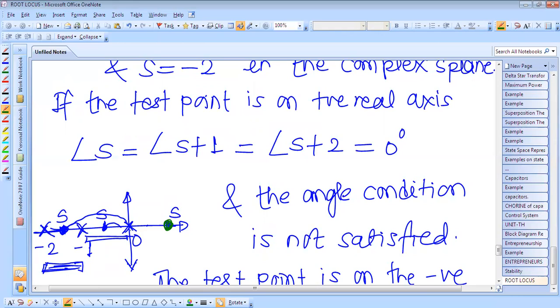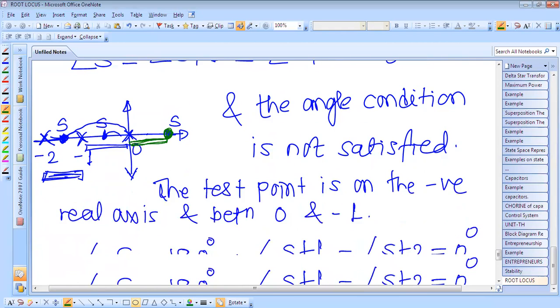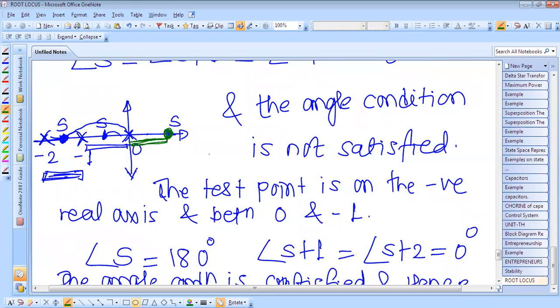The angles made by the poles s, s+1, and s+2 are all 0, and therefore the angle condition is not satisfied. Therefore the portion on the positive real axis is not part of the root locus.